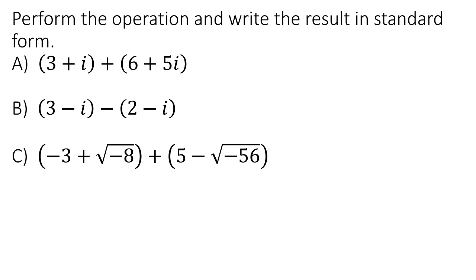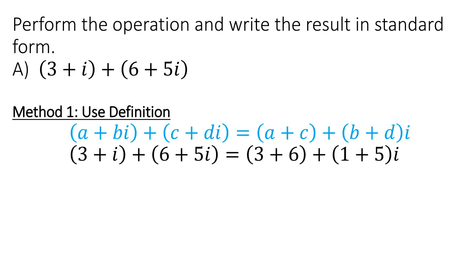So for A, we have two complex numbers. I have 3 plus i. Again, 3 is my real part, and the i is my imaginary part. And I'm adding it to 6 plus 5i. The process for the first method is real plus real, imaginary plus imaginary.